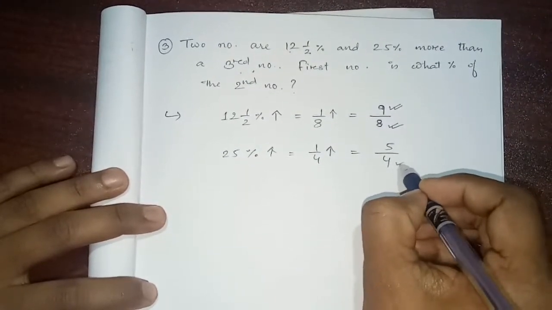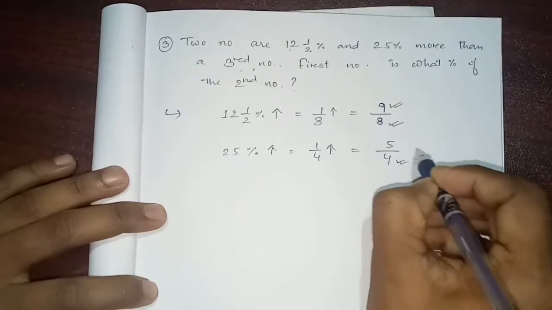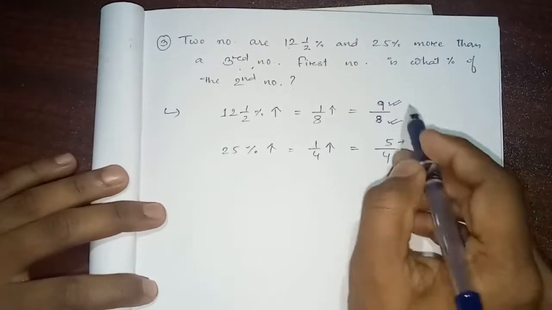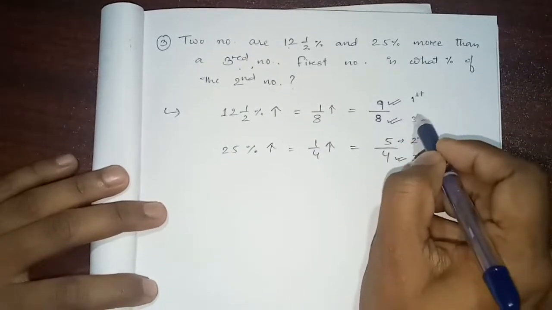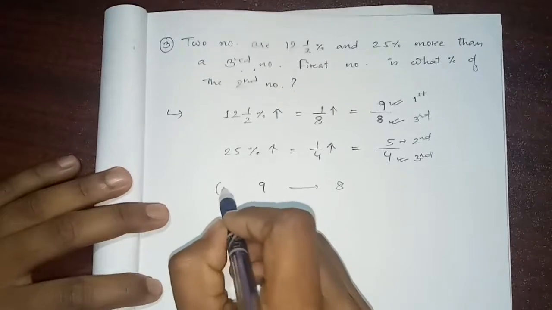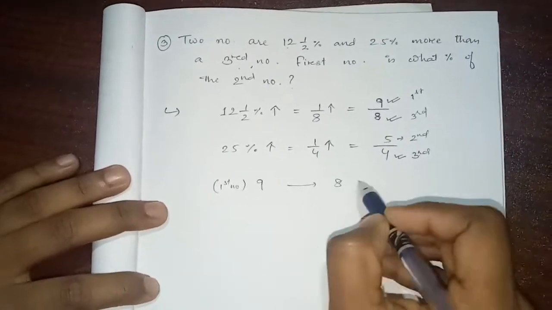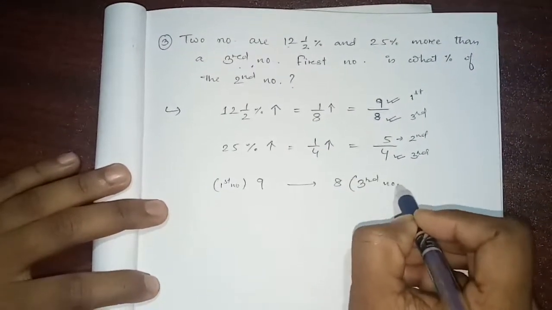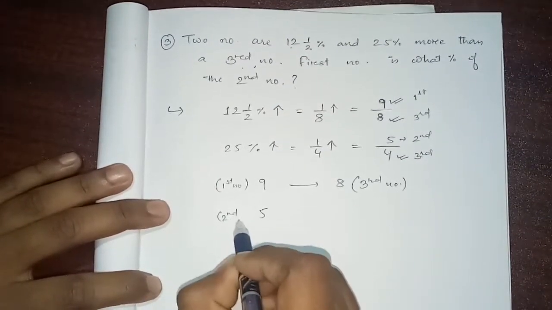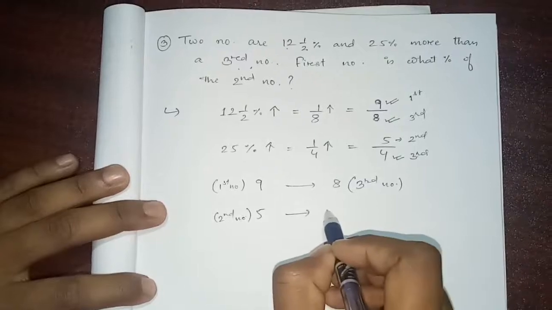Clear? So this is the third number and this is the second number. This is compared with second and third. This is compared with first and third. So you can write 9 and 8, right? This is the first number and this is the third number, and second number is this 5, 4.